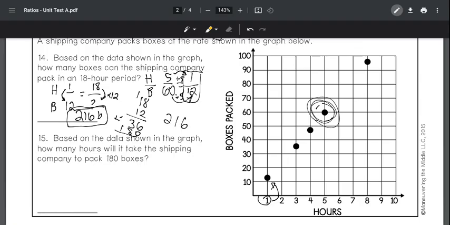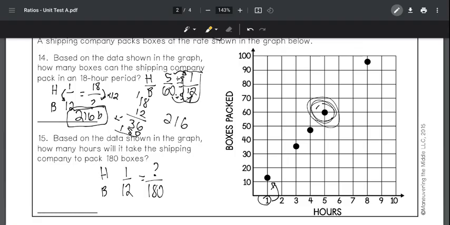Number 15, based on the data shown in the graph, how many hours will it take the shipping company to pack 180 boxes? So now, you have to use the same knowledge. In 1 hour, we can pack 12 boxes. But how many hours is it going to take me to get 180 boxes?